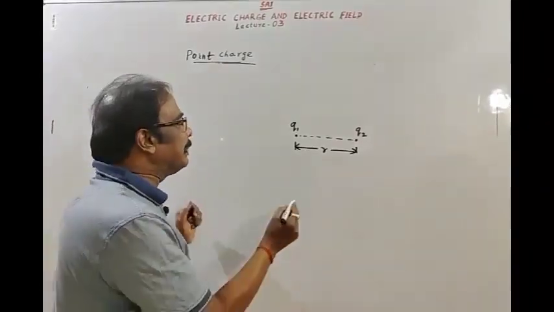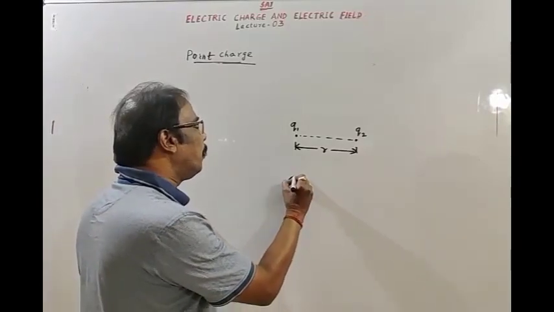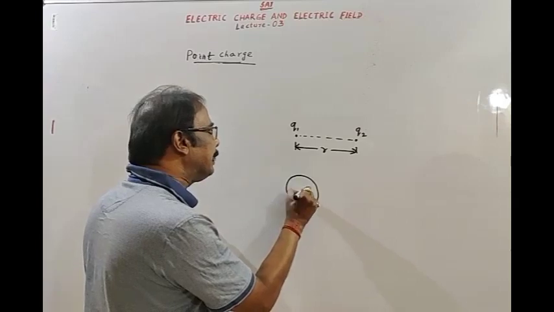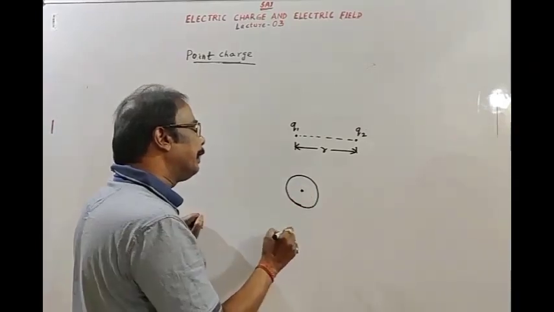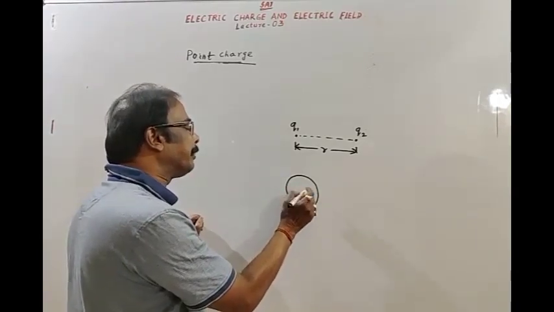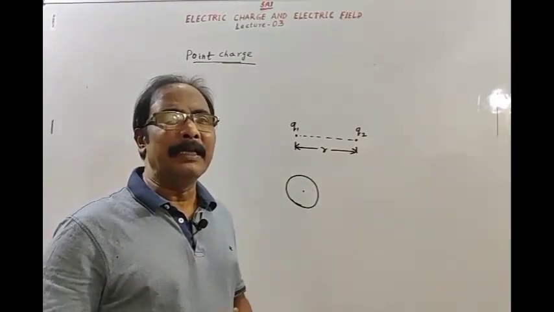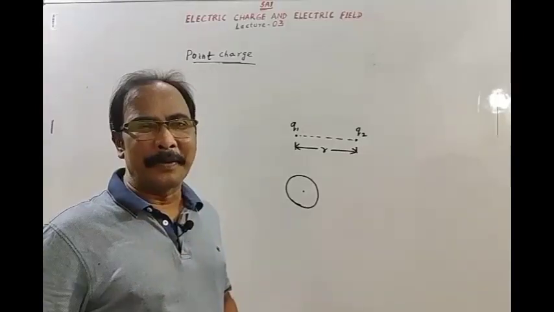Let's consider a small spherical conducting body. This is the center of the sphere, a point which is the center. What do we consider from the very beginning about a spherical charged body?